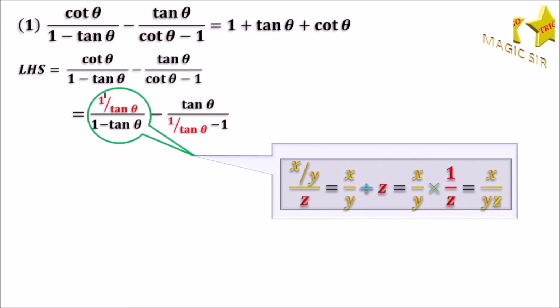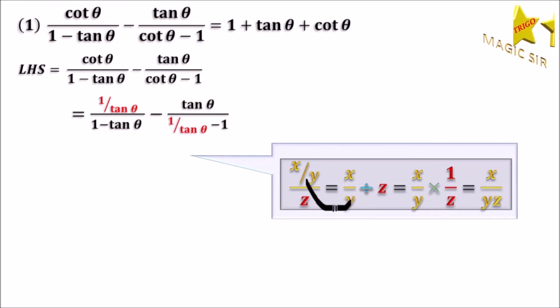How can we simplify the first fraction? See the speech bubble. Suppose we take x equal to 1, y equal to tan theta and z is equal to 1 minus tan theta. Then our first fraction is x upon y and whole divided by z.